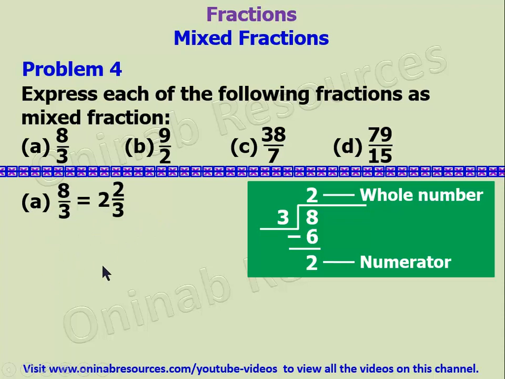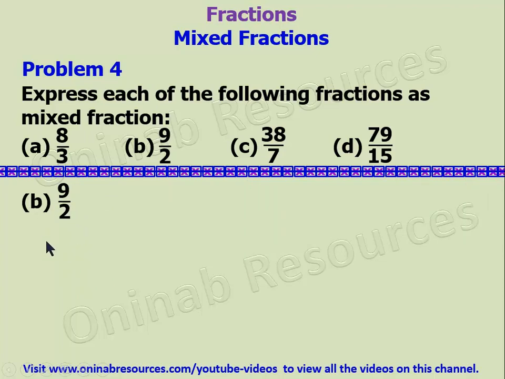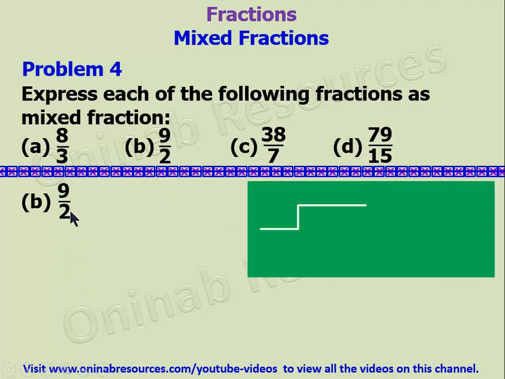So we go to the B part of the problem. For B, I have 9 over 2, then dividing the numerator by 2, we have 9 divided by 2. 9 divided by 2 gives 4. We say 4 times 2 gives 8. Then we subtract, 9 minus 8 gives 1.